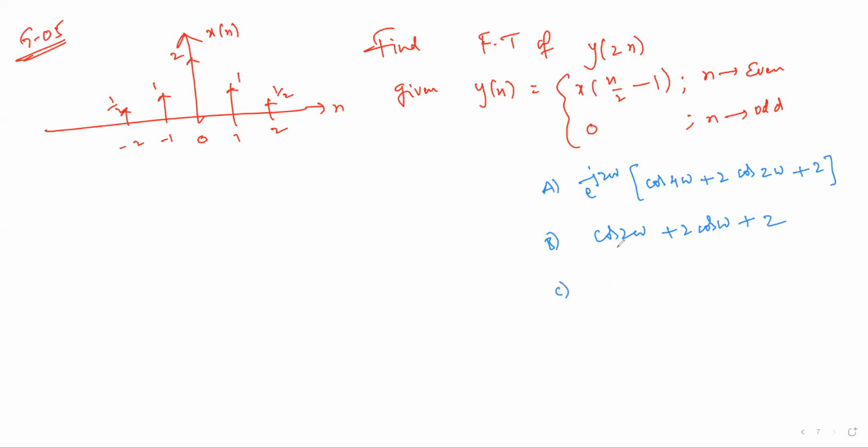C: e power minus j omega, cos 2 omega plus 2 cos omega plus 2. D: e power minus j 2 omega, cos 2 omega plus 2 cos omega plus 2.